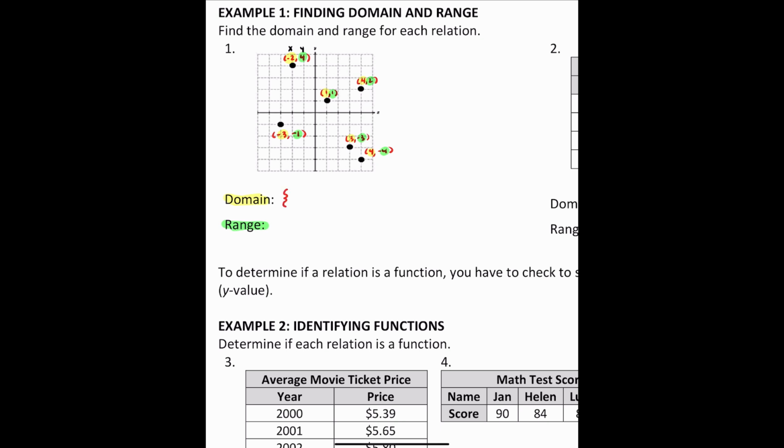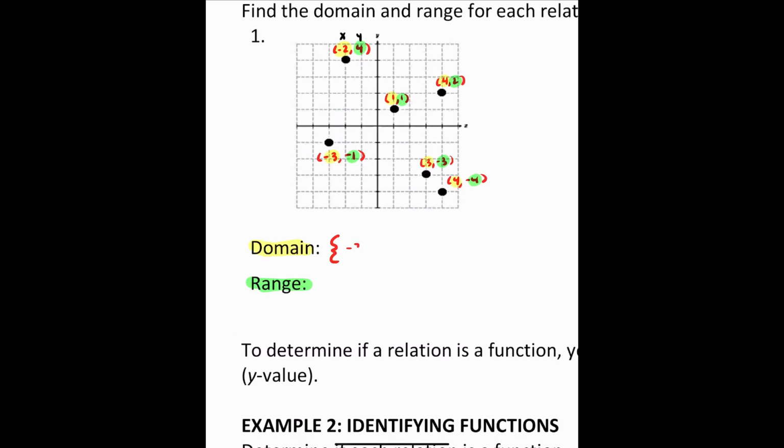Then we're going to list all the x values. So first thing is -3, because that's the smallest x value that we have on our graph. Then right after that is going to be -2, then 1, and then 3. And notice that we have 2 4s, right? So we only need to write 4 once. And then there we go.